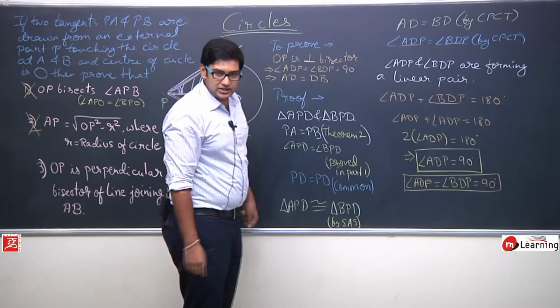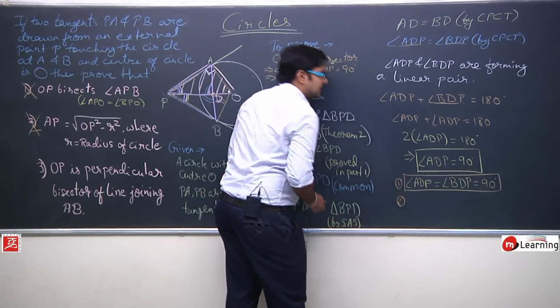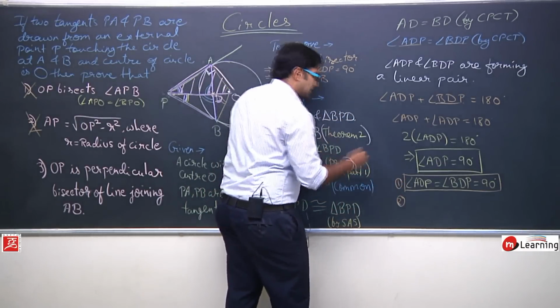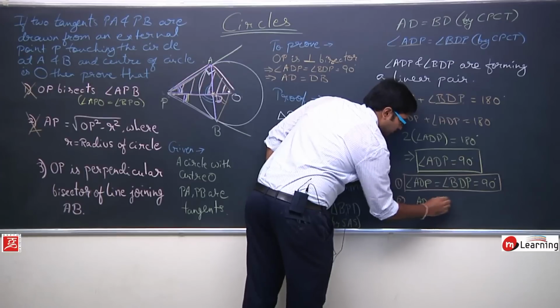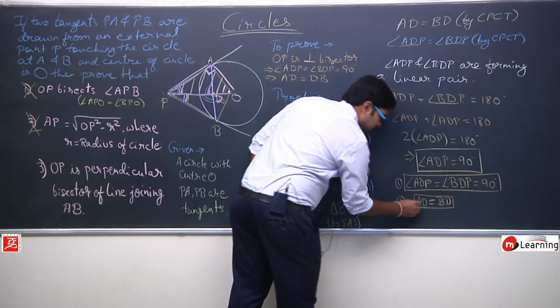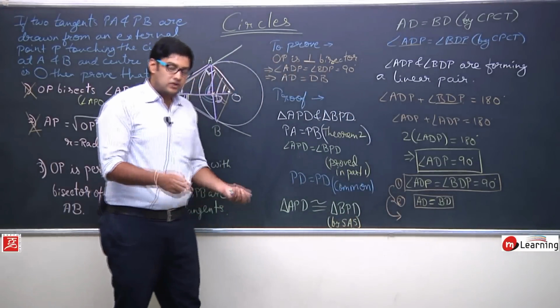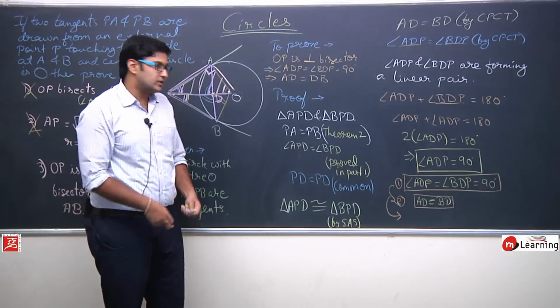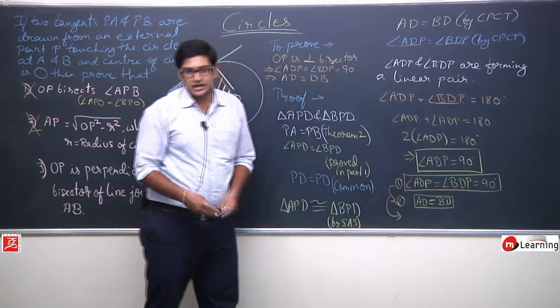And what the other condition you have? This is the first condition, and second condition you have that AD is equals to BD. Okay. So when you combine these two conditions, you can see that angle ADP and BDP are 90 and AD and BD are equal.